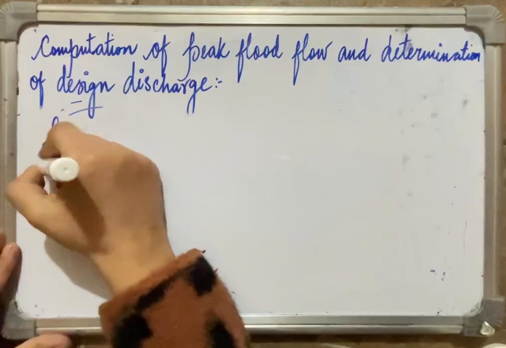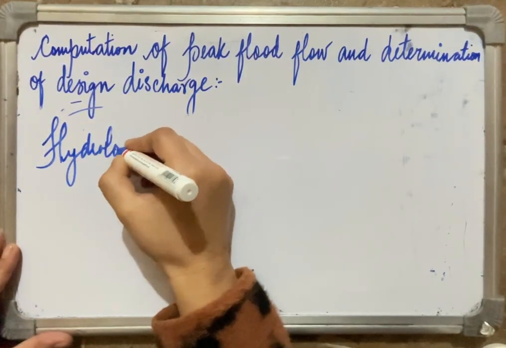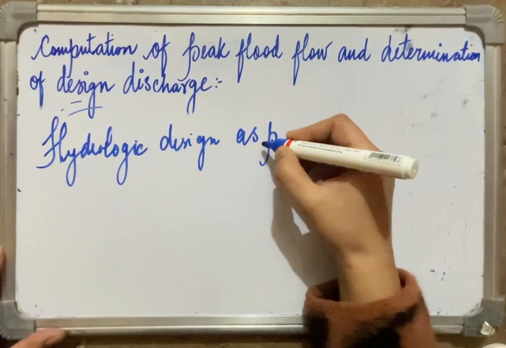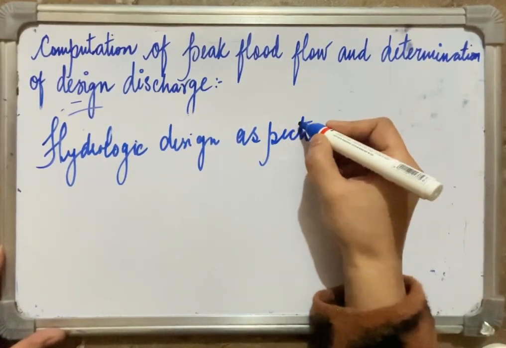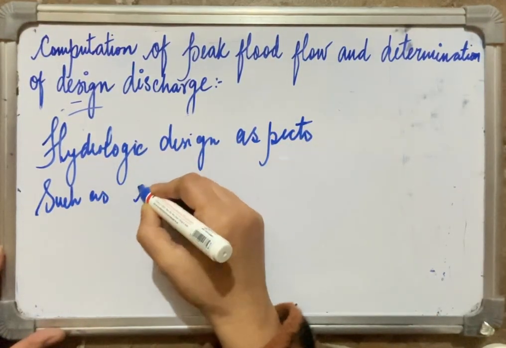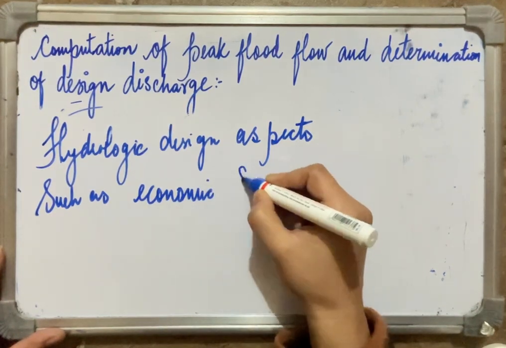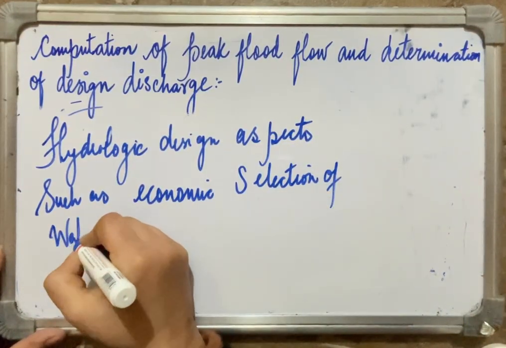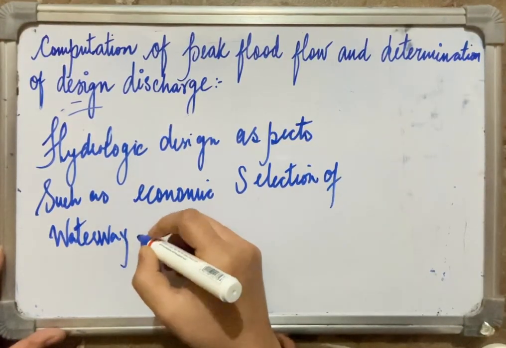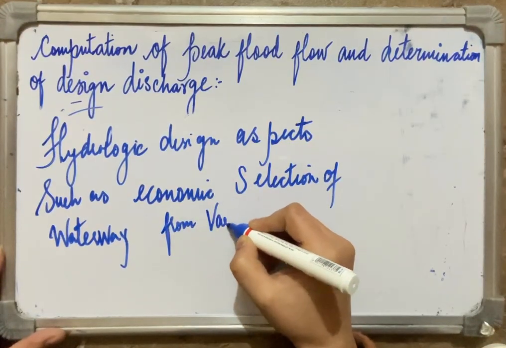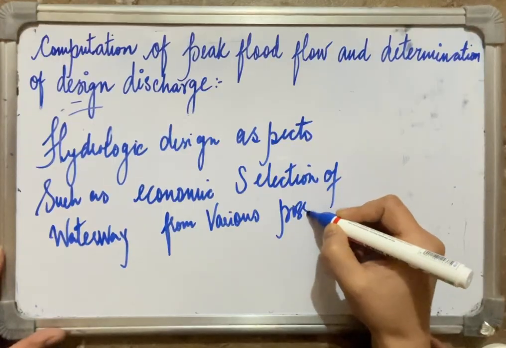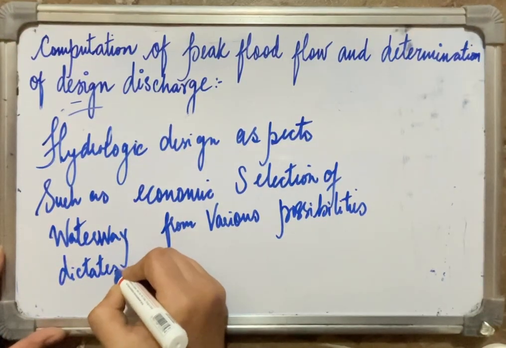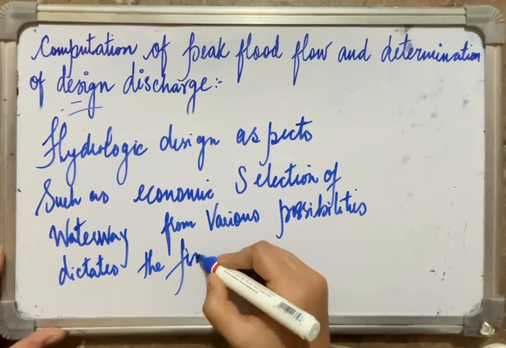And the hydrologic design aspects, such as economic selection of waterway, that means our hydraulic design from various possibilities, dictates our final design of the bridge.